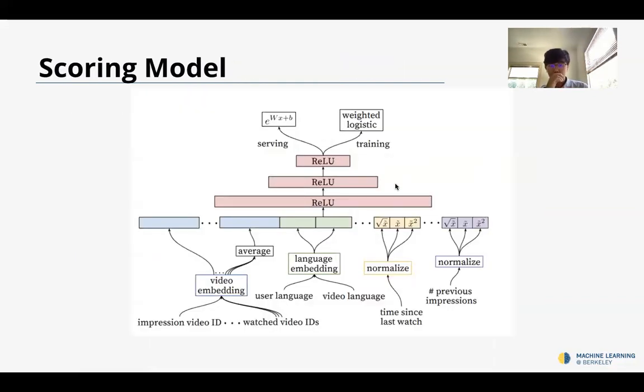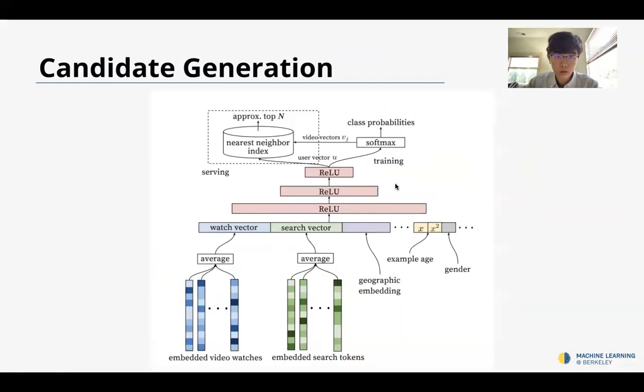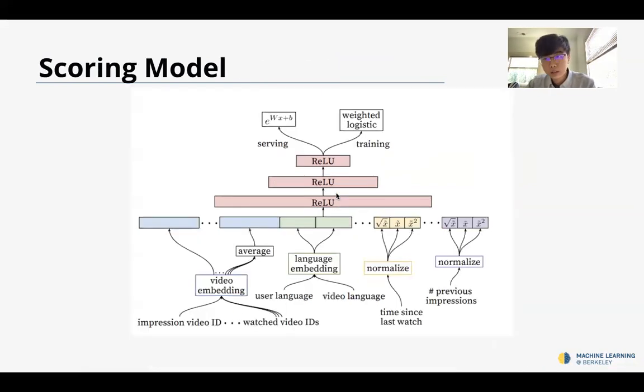Yeah, and then the scoring model. So you retrieve a few hundred videos from the k-nearest neighbors, and then to actually narrow that down further to the few dozen videos you recommend, they use this scoring model, which takes some more fine-grained features about the videos, right?